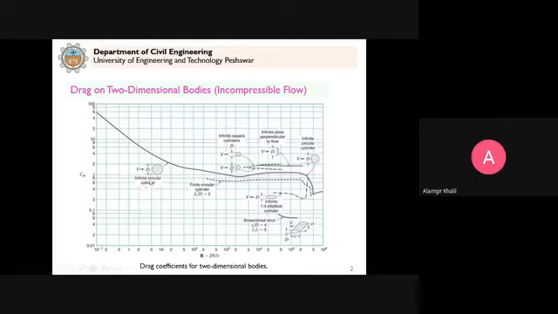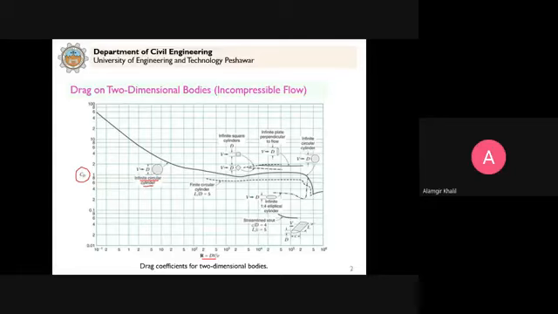Now in this figure you can see the drag coefficient plotted against the Reynolds number. Previously we saw a similar plot for three-dimensional bodies. In this case, for two-dimensional flow, you can see the infinite circular cylinder.